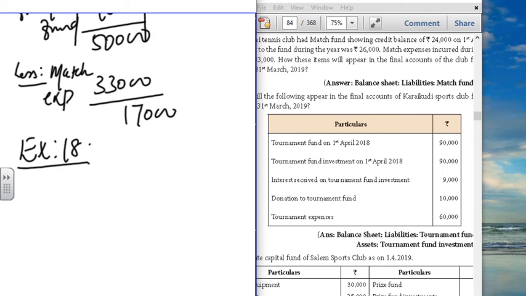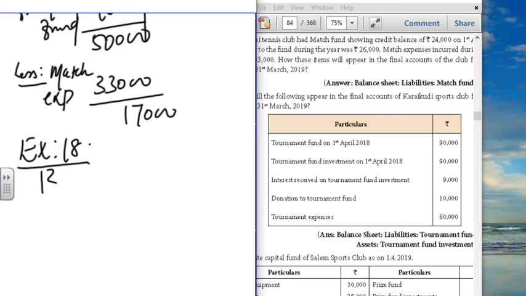Donations to tournament fund must also be added, and tournament expenses must be minused. So here, only tournament fund investment appears on the asset side. Otherwise, receipts should be plus, tournament fund donations must be plus, and minus is your expenses.